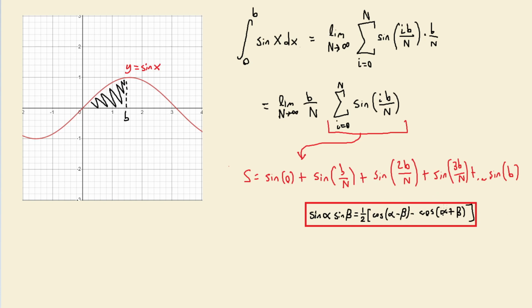Every single thing would cancel, because the negative of this would cancel with the positive of the next term, and then the negative of that term would cancel with the positive of the following term, etc.